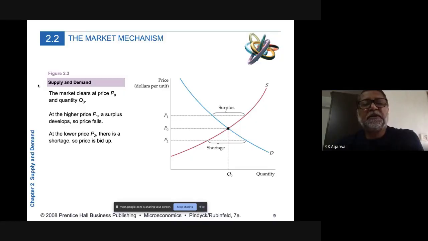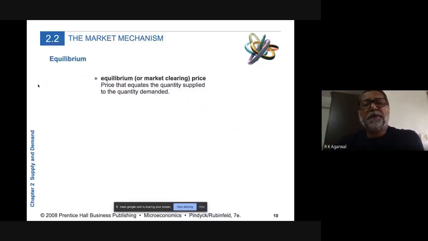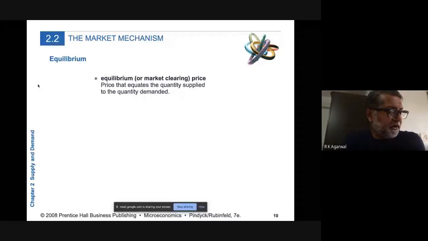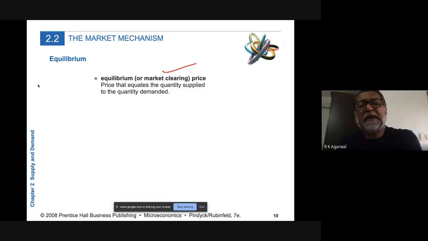Now, we used certain terms and we will simply define them. Equilibrium price refers to a price that equates quantity supplied and quantity demanded. We are also calling it market clearing because if there is a surplus, you will lower the price and the market will clear. If there is a shortage, you will raise the price and the market will clear.